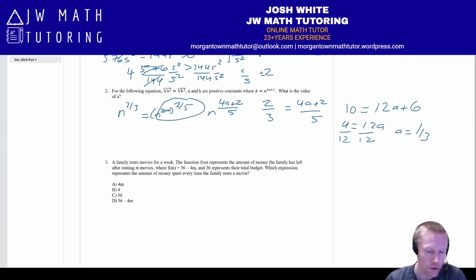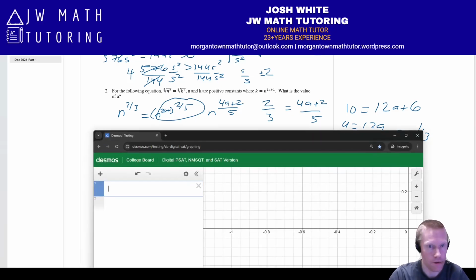Now, you could also use regression to solve this. If you set up the equation here in Desmos. All right, so what we would do is I would just start off, and you can write it in rational exponent form.